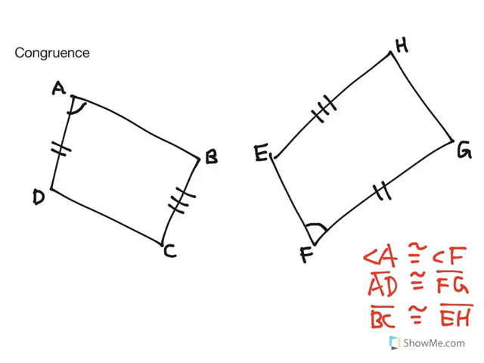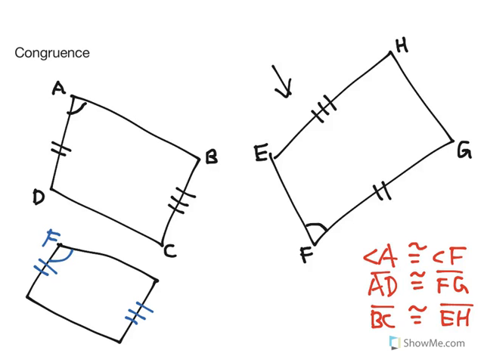Knowing that, we can reposition these to look the same. So let's say we would reposition this one to look pretty similar. The markings would be the same. So we know that angle A is congruent to angle F, so this would be F. AD is congruent to FG, so we know this would be G. And it's starting to look pretty similar now.